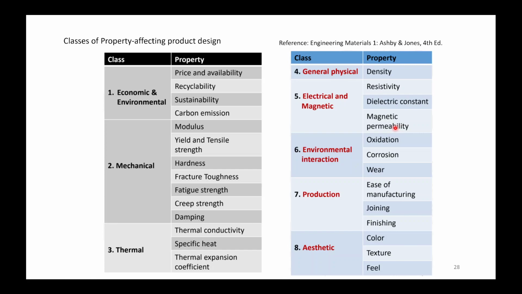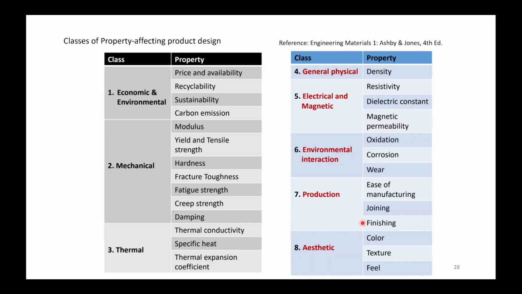Sixth is environmental interaction: oxidation, corrosion, and wear resistance. Seventh is production. The material should have ease of manufacturing, be easier to join and easier to finish. These will provide a higher rate of production. Aesthetic properties can be related to the color of the material and its texture.